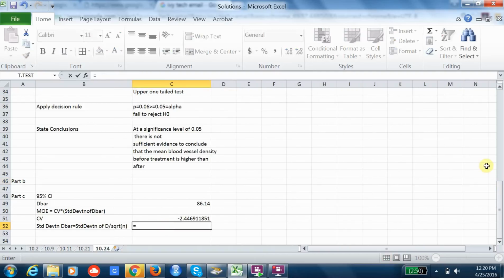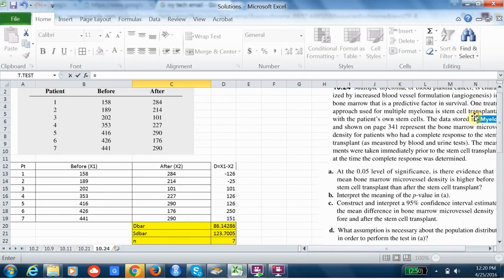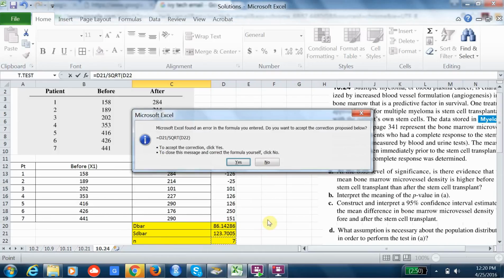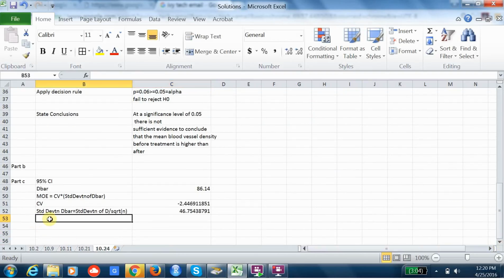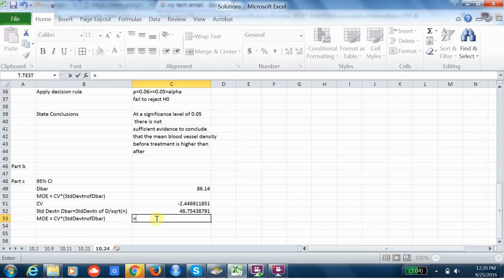So this is just equals to, and I can scroll up here and still see what I'm doing, this divided by the square root of this. There we go. Alright, so it's rather large. Okay, so now my margin of error is just the product of these two. So this is going to be equal to, and I'm going to take the absolute value now because I want this to be positive, this times this.